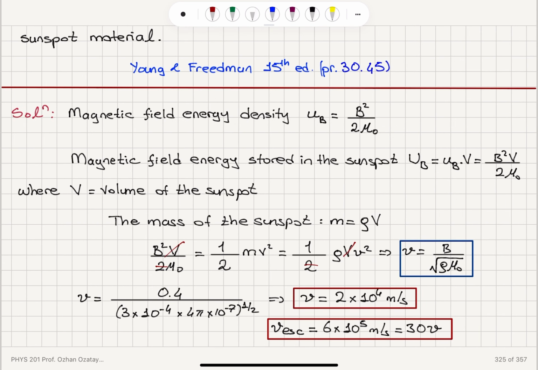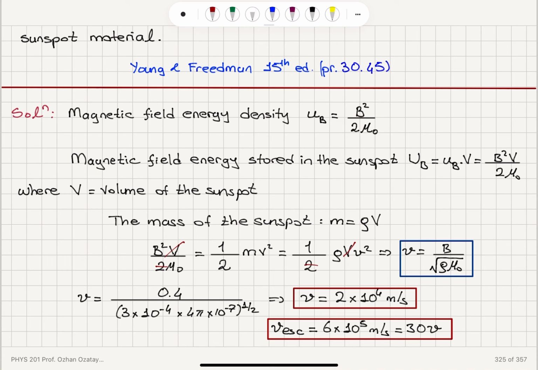So what is the ejection speed here? The stored energy density is b squared over 2 mu0. Normally this would be mu, but mu is equal to mu0. Magnetic field energy stored in the sunspot is this energy density times the volume of the sunspot.